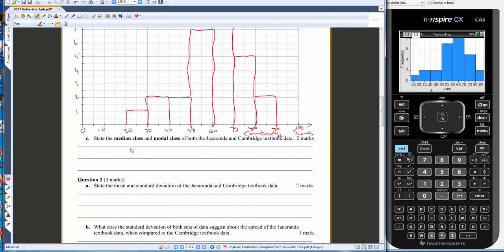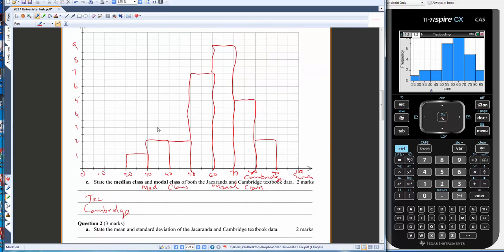Now what you needed to do is state the median and modal class for the Jacaranda and Cambridge textbooks. So let's set up a bit of a table. We'll go Jacaranda and Cambridge, and we want median class and modal class. Let's grab the modal class for the Cambridge data straight away while we can see the histogram.